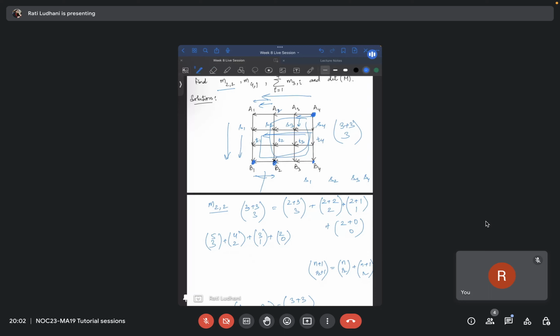So for example, I'll just calculate it. This will be 1, this will be 3, this will be 6, this will be 5 into 4 into 3 by 3 into 2, which is 10, right? So you'll get 20.